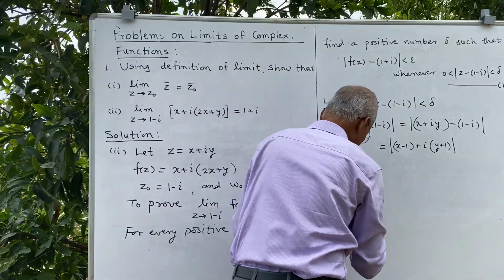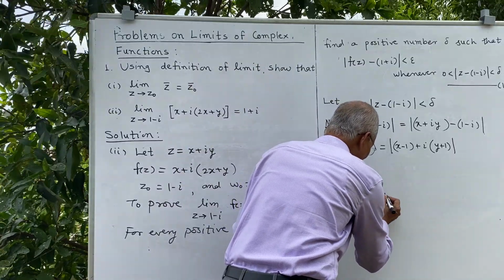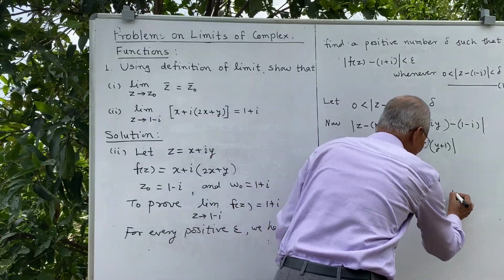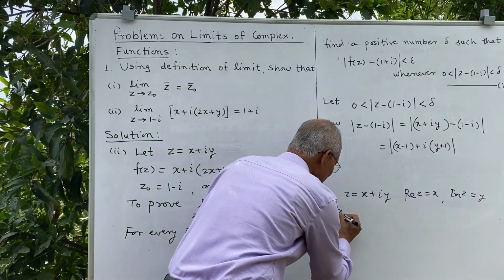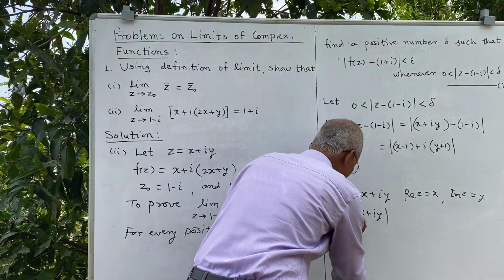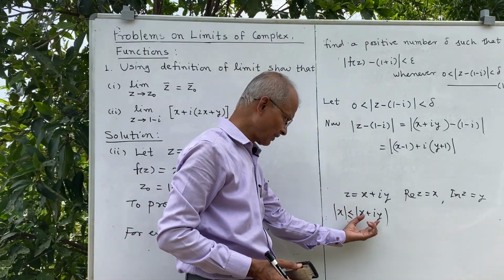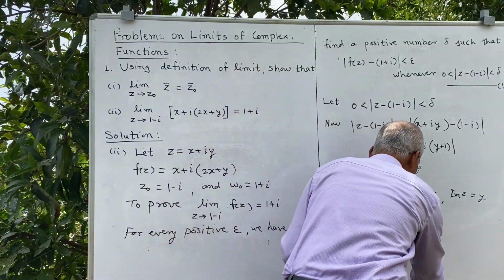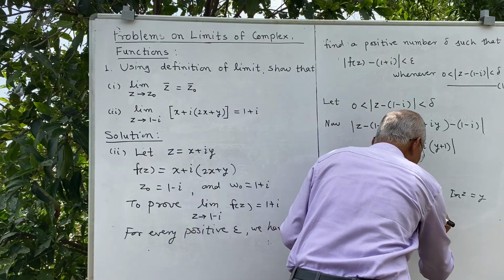So this result we have: if z is equal to x plus i y, then real z is x and imaginary z is y, and we have x is less than or equal to the absolute value of x, which is less than or equal to the absolute value of x plus i y, that means mod of real z is less than or equal to mod of z.